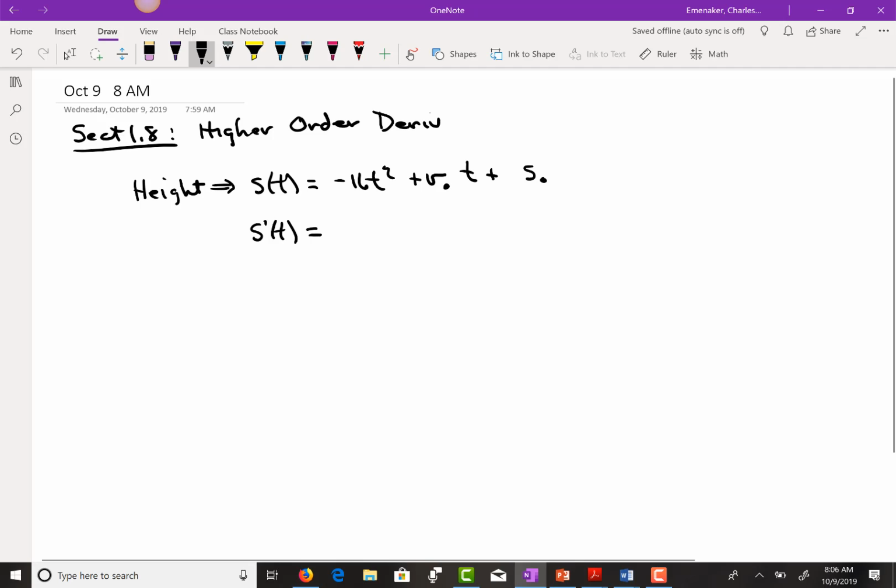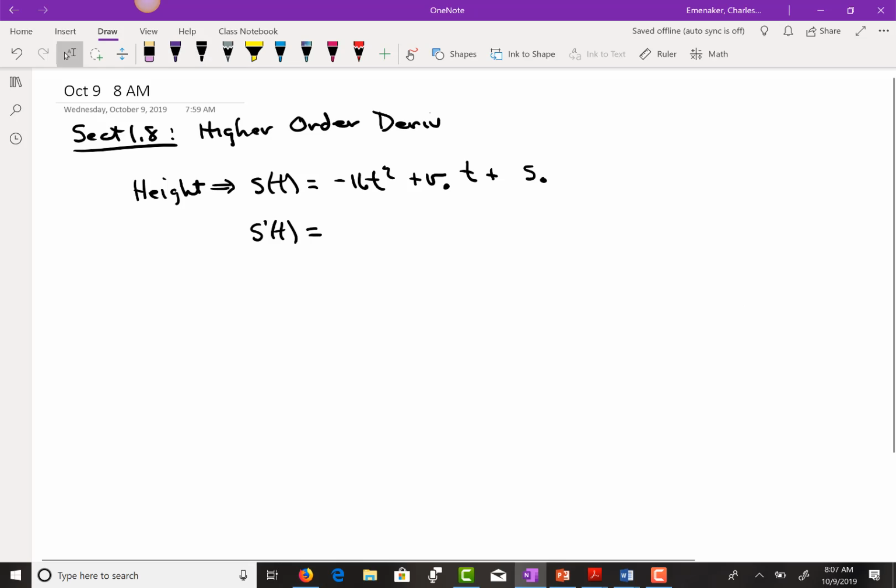Remember, derivatives describe how something is changing. If you take the derivative of this equation, it's going to tell you how the height is changing. Okay? And if you're looking at how the height is changing, let's talk about a couple of heights.